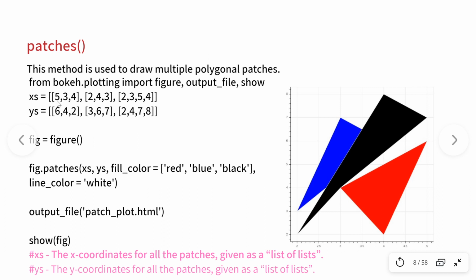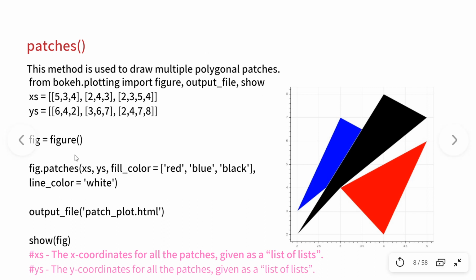The x values are a list of lists, because within this one single list there are three lists. This is one list, this is the second list, and this is the third list. In a similar way for y, this is the first list, then the second list, and the third list. So within a list there is a list, so we call it a list of lists. That's possible when you are working with Python.